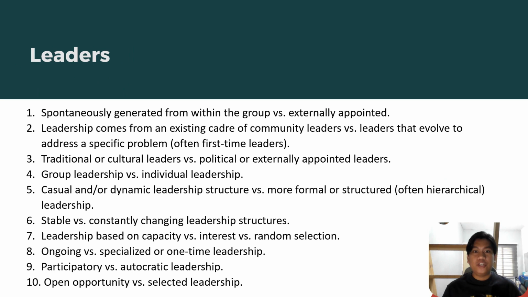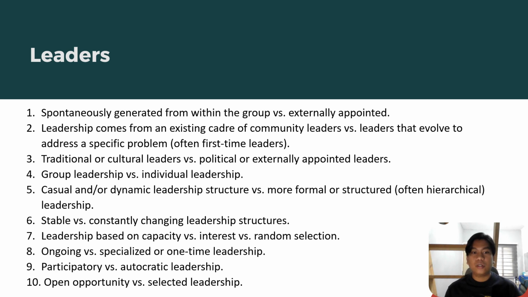The problem or issue to be addressed should logically produce some kind of leadership structure. This leadership structure can take many forms, and these are as follows. First, spontaneously generated from within the group versus externally appointed leaders. Second, leadership comes from an existing cadre of community leaders versus leaders that evolve to address a specific problem.